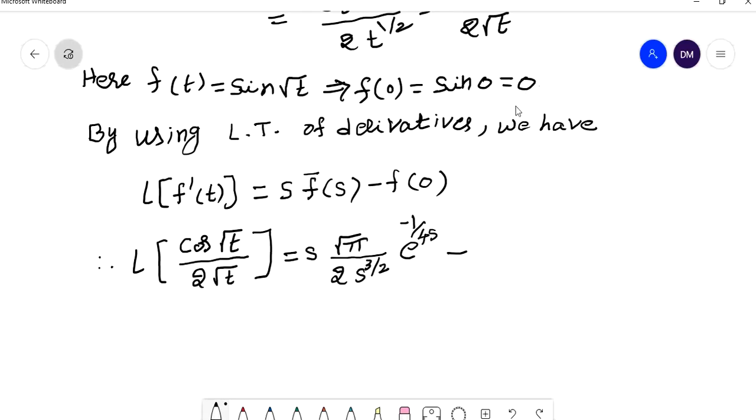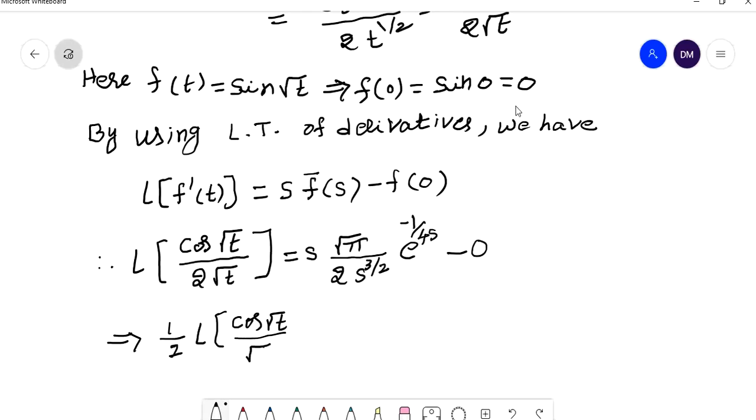Now what do we need? We need L of cos root t by root t only. Here 2 is a constant, so keep it outside: 1 by 2 into L of cos root t by root t.